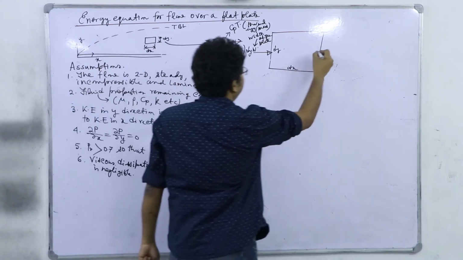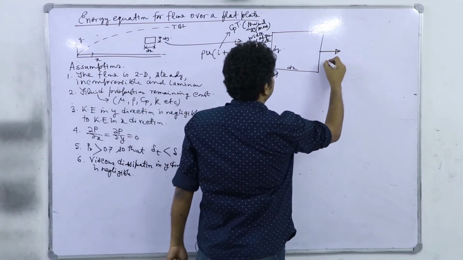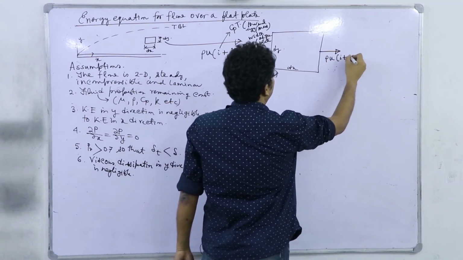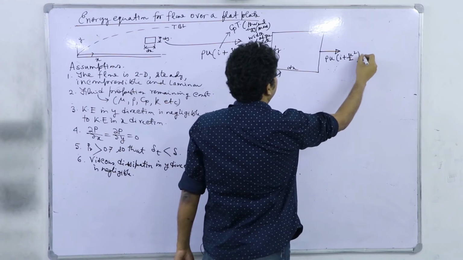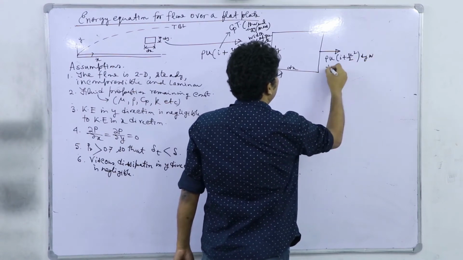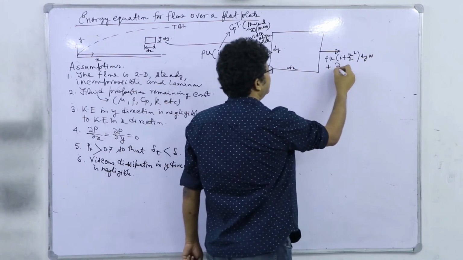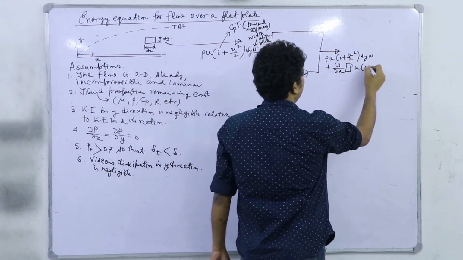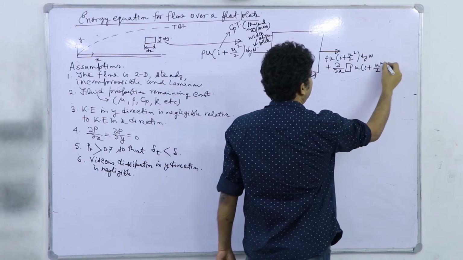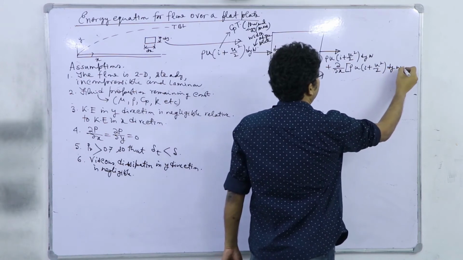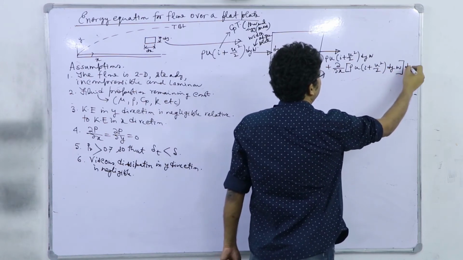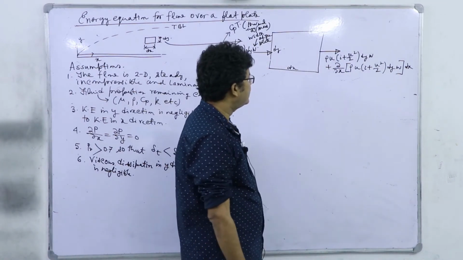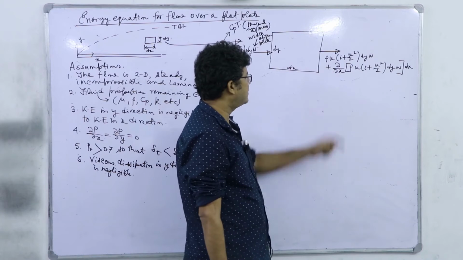So on this side, it will be rho u (I plus u square by 2) dy w, plus del by del x of rho u (I plus u square by 2) dy w, into dx. This is typically the Taylor series expansion.